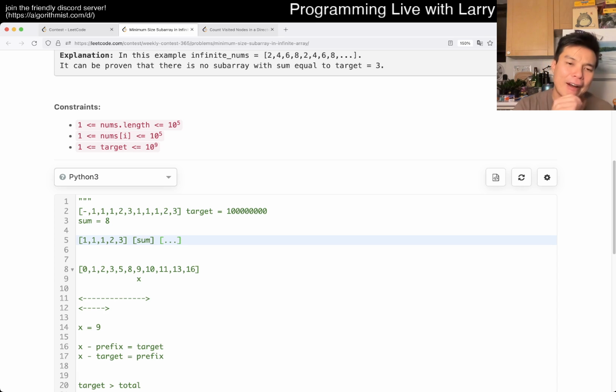I'll just start it off from the beginning, I guess. And here the idea is that if the target is bigger than the sum, you always have to use at least one loop.